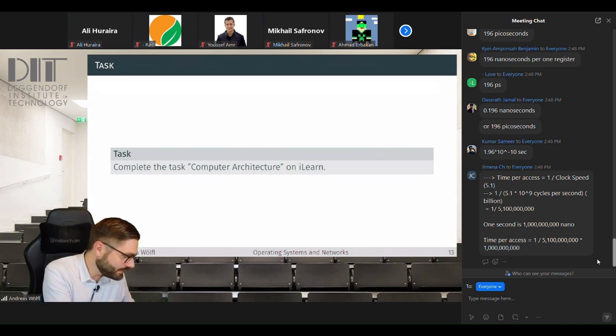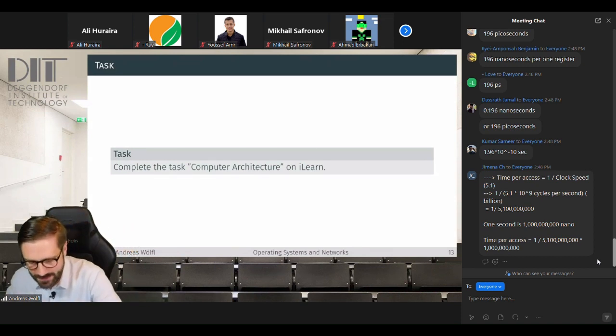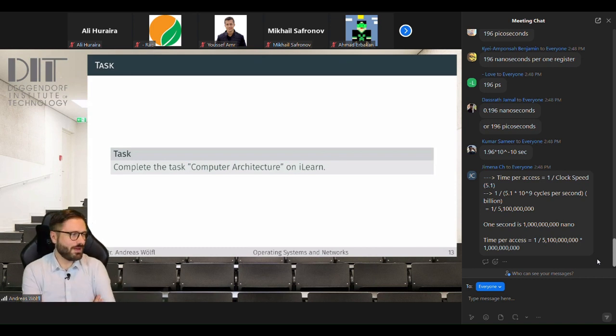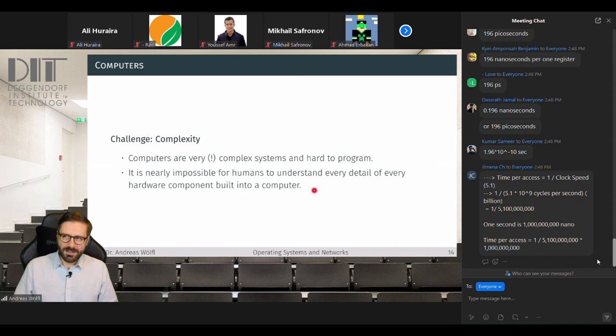We talked a lot about things today, but the module is called Operating Systems and Networks, and all this computer architecture and the calculations on units. Well, what is the point that I want to make regarding operating systems? I want to emphasize one thing, and this is complexity.